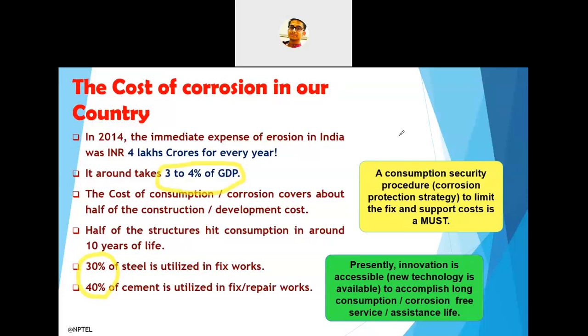One point I want to mention here is that protection from corrosion and prevention from corrosion are quite different. Prevention means that from the starting stage itself we prevent the structure, so that it may take a long time to initiate corrosion.